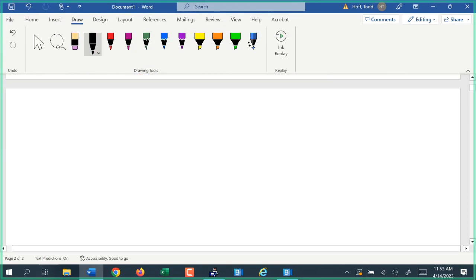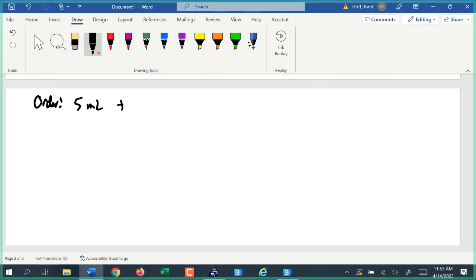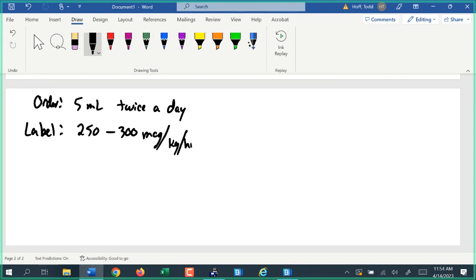Okay, so our next example. We're going to have an order for 5 milliliters twice a day. And the combination between the label and the recommendation is that you receive 250 to 300 micrograms per kilogram per hour.